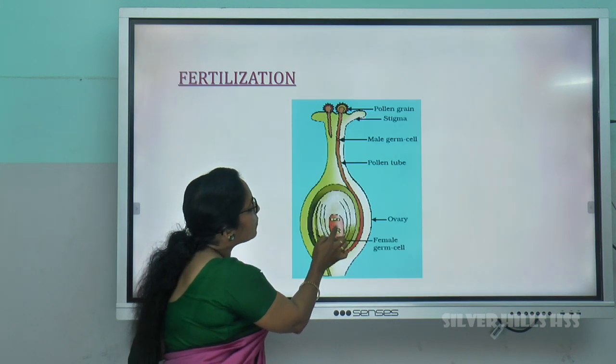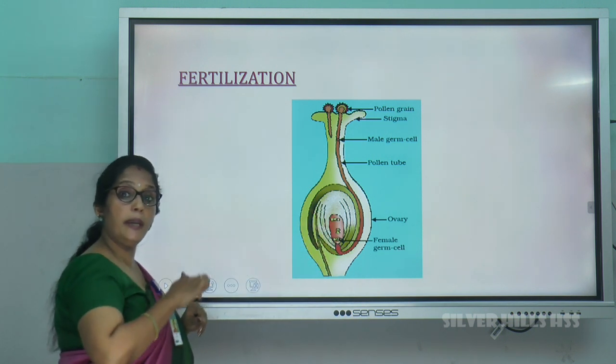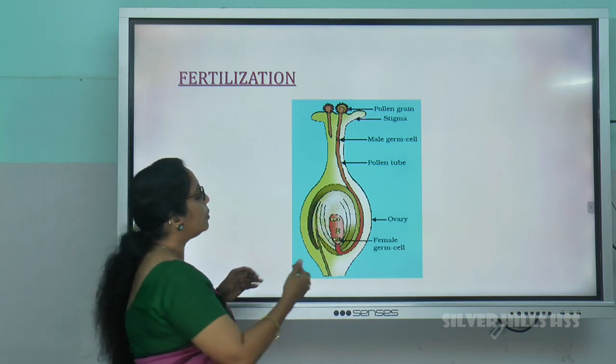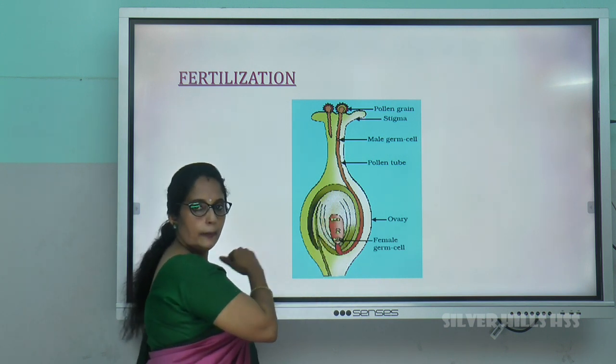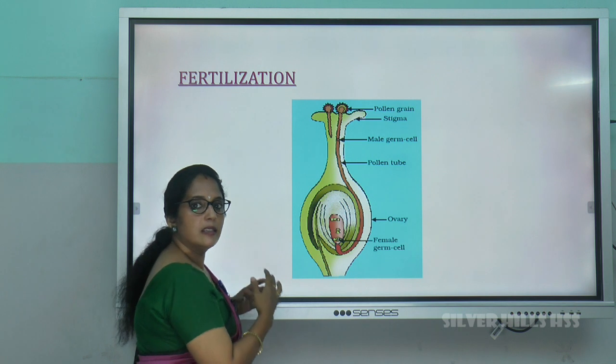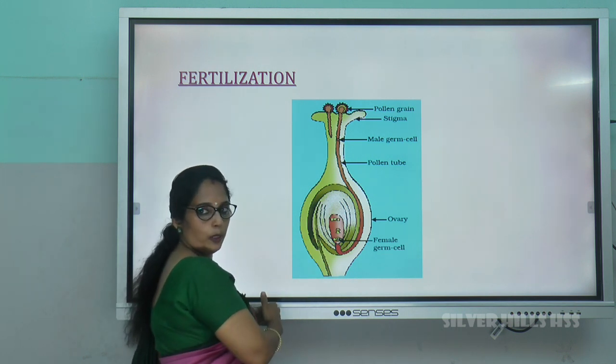And what happens when it reaches here? Inside this, what is the female germ cell called? Egg. So fusion takes place between the male gamete and female gamete, and as a result a zygote is formed, or we can say as a result seed is produced.